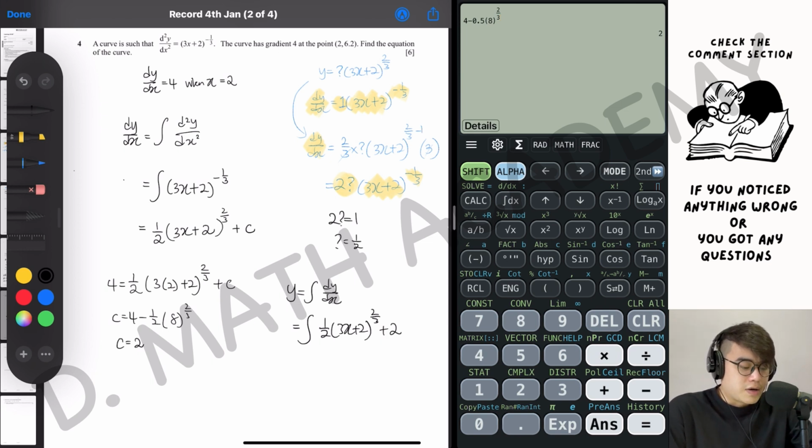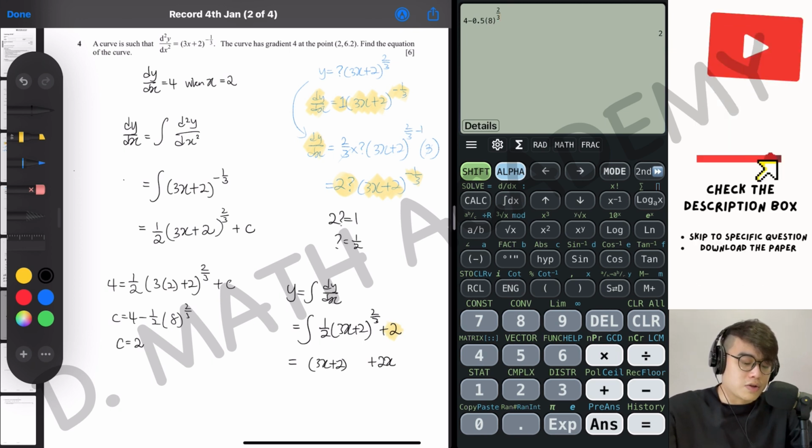And let's start all over again. Kindly remember there's nothing to do to the 2 at the back. You can immediately write it down as 2x. Okay, because it's just an integer value, which means by integrating it, you will assign unknowns to it. Okay, so time to do the same thing again. 3x + 2 never changes.